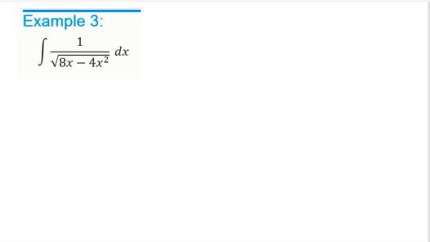So, what we're going to do on this problem is we're going to complete the square with this thing. So let's bring it up here, and let's repackage it a little bit. We've got negative 4x squared plus 8x. All right. Now what we do in this case is we factor out a negative 4. We did this back in pre-calculus. We factor out a negative 4, and I'm left with x squared minus 2x.